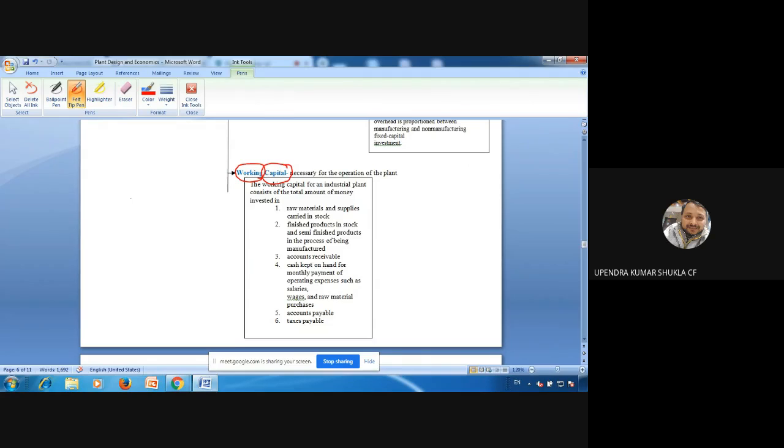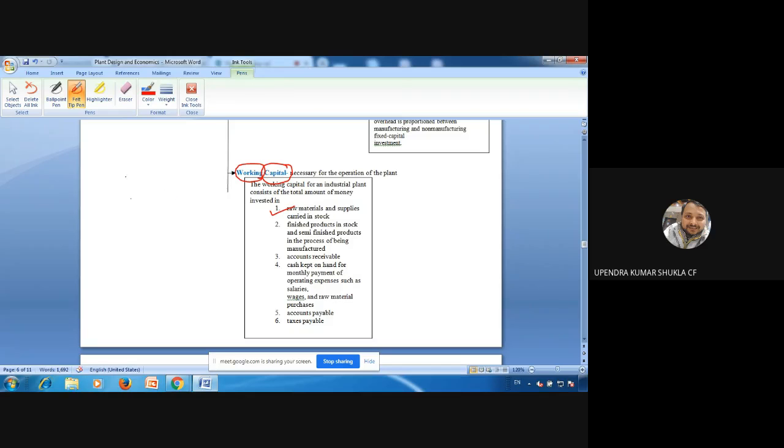Working capital means for operation of the plant. Now can you think of what all the amounts of money are that will be invested?